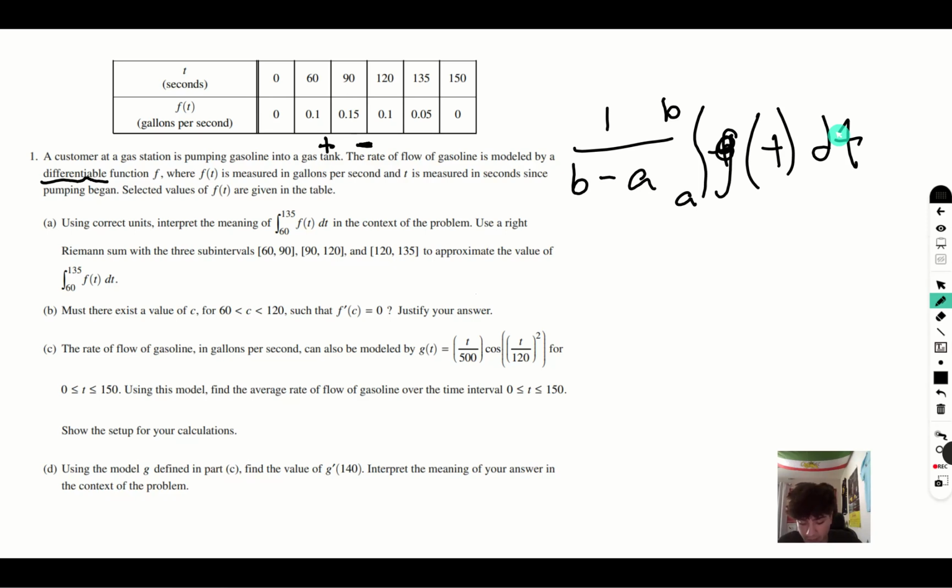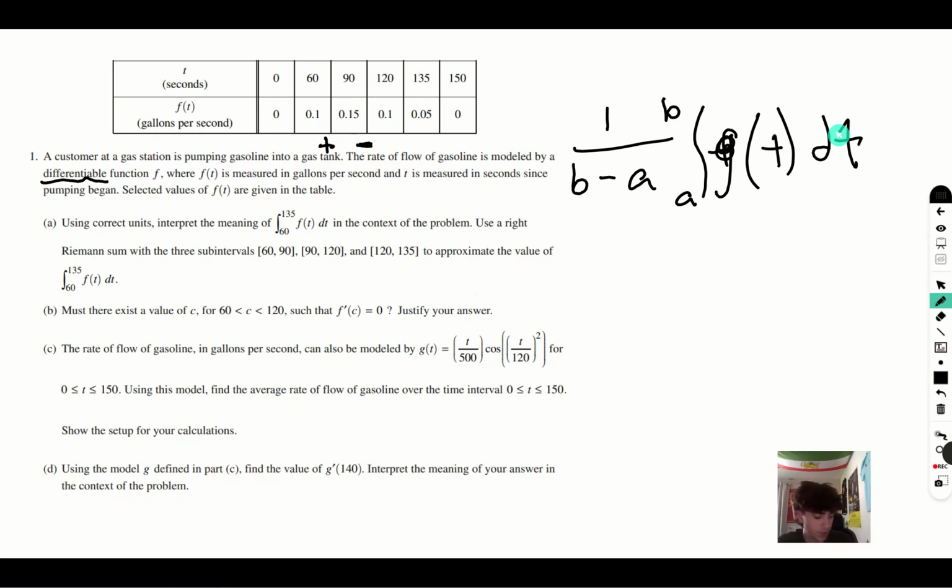So you get x divided by 500 times cosine of (x divided by 120) squared dx, and then you calculate that, and you get 0.1499.